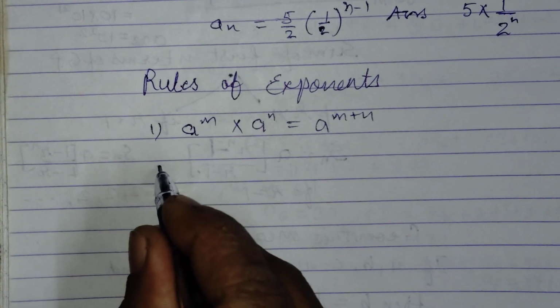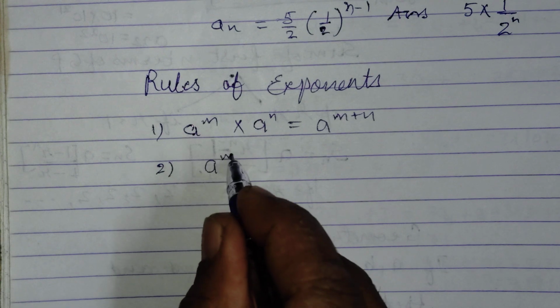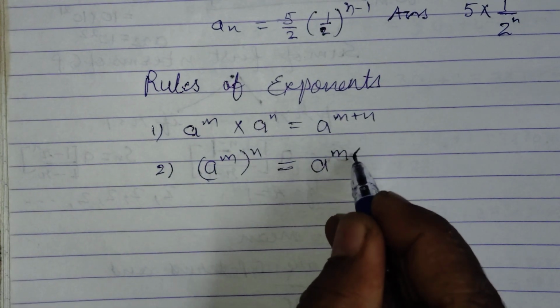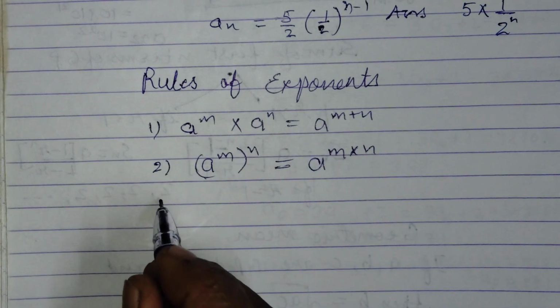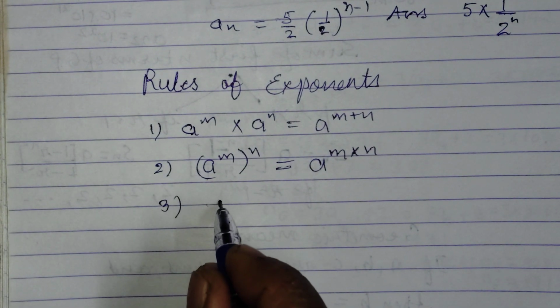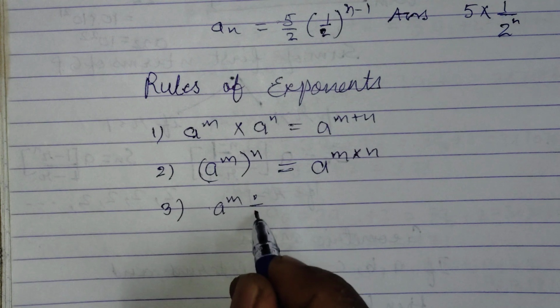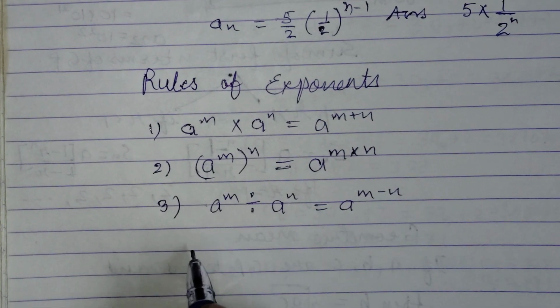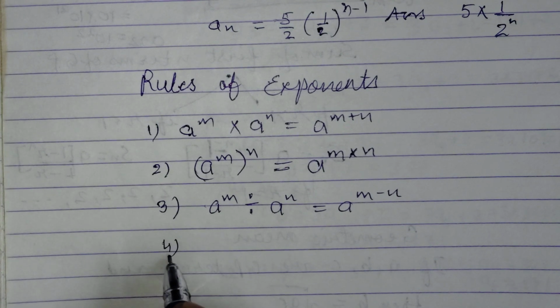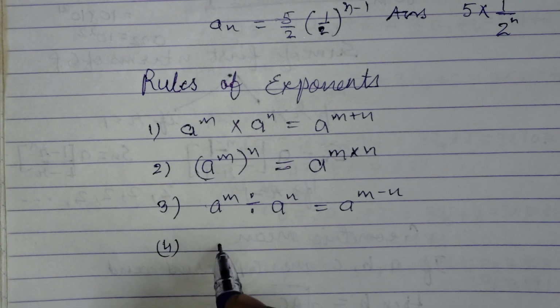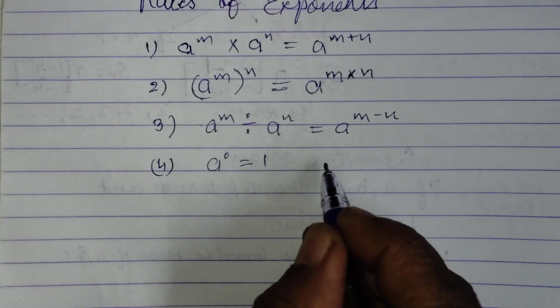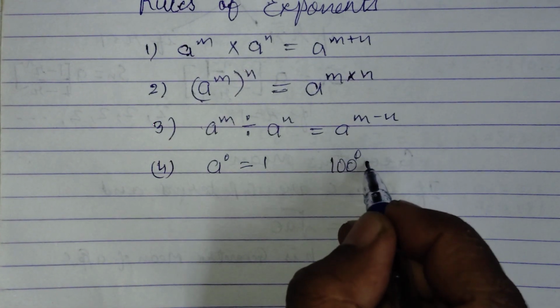Second rule, a power m whole power n can be written as a power m into n, powers multiply. Third rule, a power m divided by a power n means a power m minus n, so divide means subtract the powers. Fourth rule, a power 0, its value is 1. Any number whose power is 0, its value is 1.